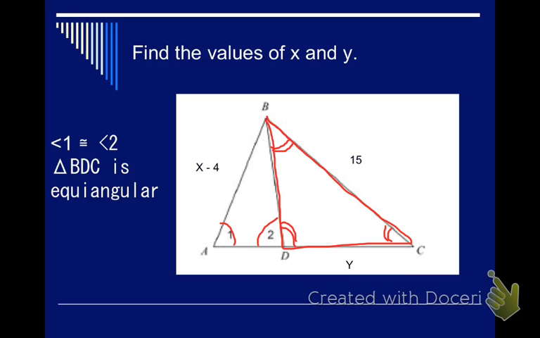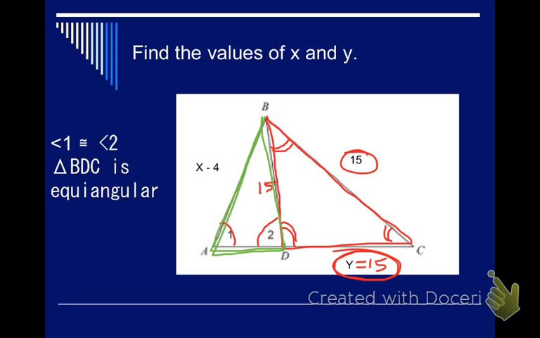But that also tells us that if segment BC is 15, then we know segment BD is 15, and we know segment DC is 15. That gets us our answer for Y. So we have Y. Let's focus our attention on X. X minus 4, well, given that angle 1 and angle 2 are congruent, that's enough for an isosceles triangle here.